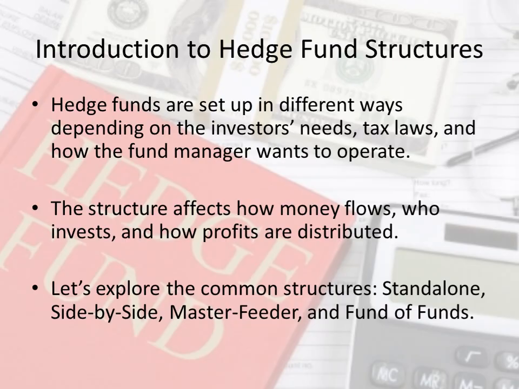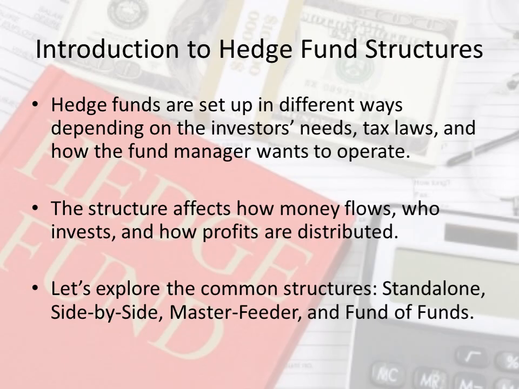As I told you, hedge funds are like an investment club where people pool their money together to invest in different things like stocks, bonds, or even real estate. However, hedge funds can be set up in different ways, just like businesses can have different structures like partnerships, corporations, etc. Today we will discuss four common hedge fund structures: standalone fund, side by side fund, master feeder fund, and fund of funds.